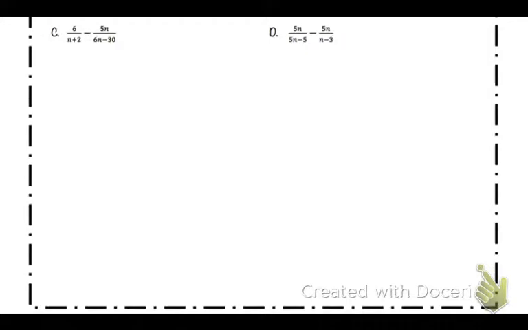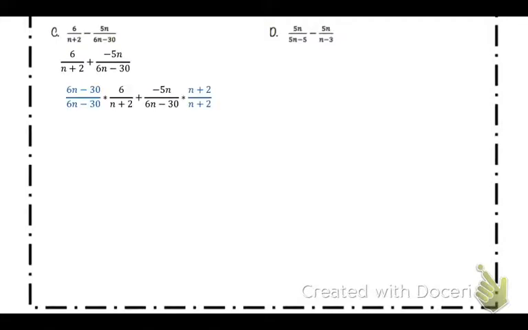So this is a subtraction, so I'm first going to distribute that to the top. So that becomes negative 5n over 6n minus 30. Now, my common denominator is n plus 2, 6n minus 30. So I'm going to multiply the first one by 6n minus 30 to top and bottom. Second one by n plus 2, top and bottom. When you multiply that, you get 36n minus 180 all over 6n minus 30 and n plus 2.